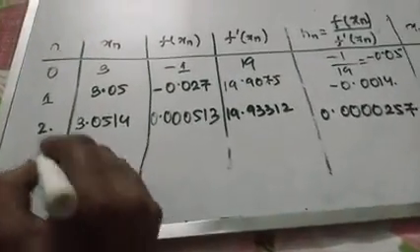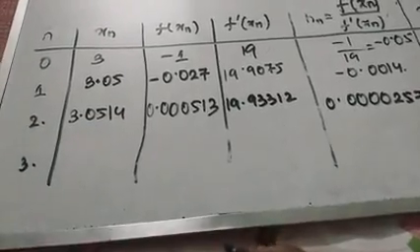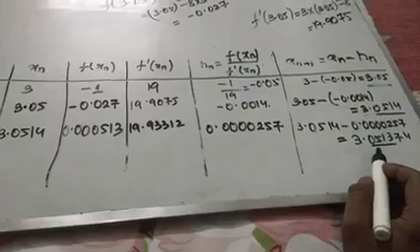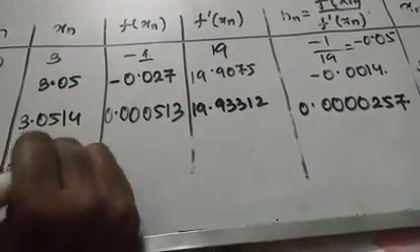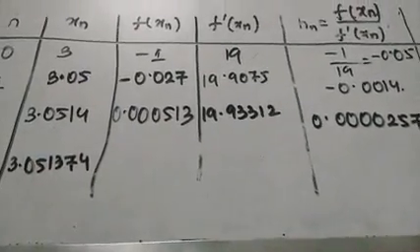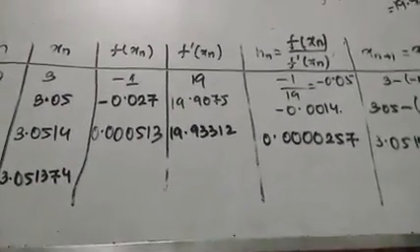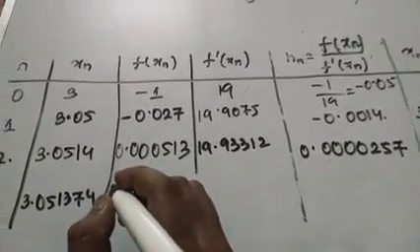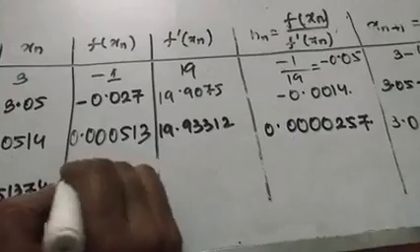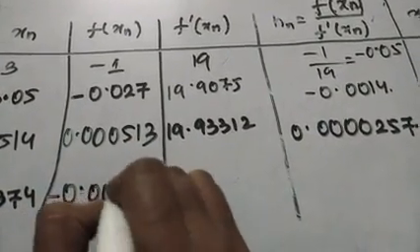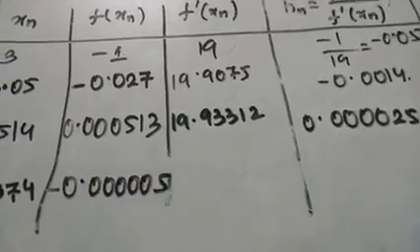So next step, step number 3. So what will be the xn here? The previous step's xn plus 1, 3.051374. Now f of xn for this step is minus, very carefully, 0.5 with 5 zeros.